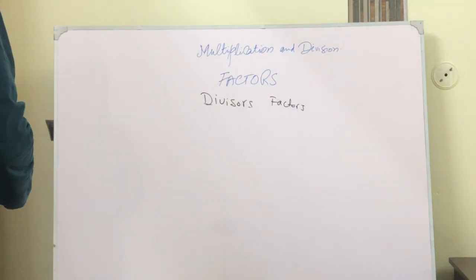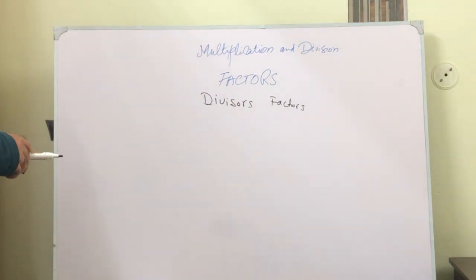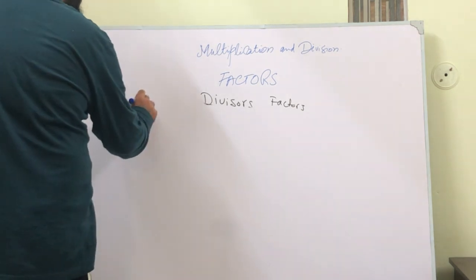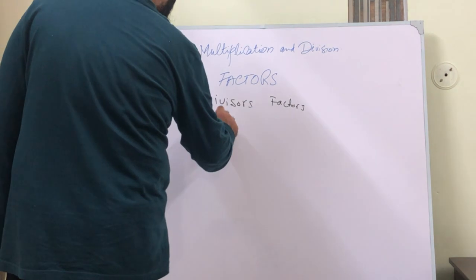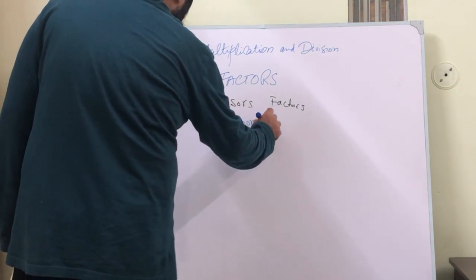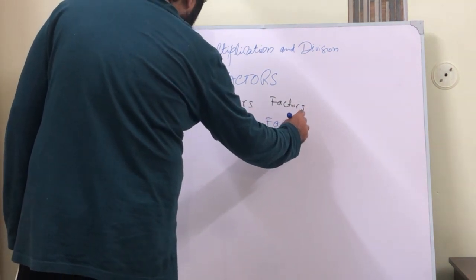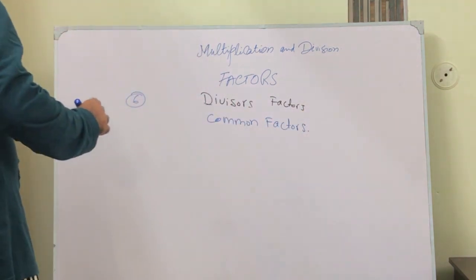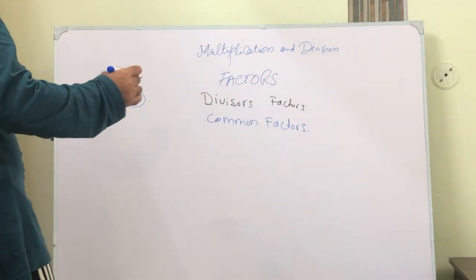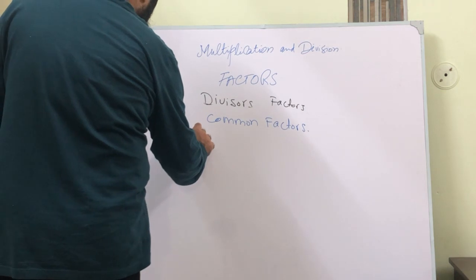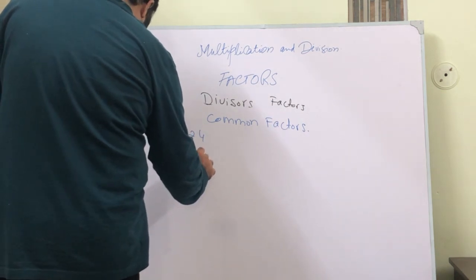Okay, now we need to do number 6, which is common factors. We need to learn about common factors. The numbers are 24 and 32.